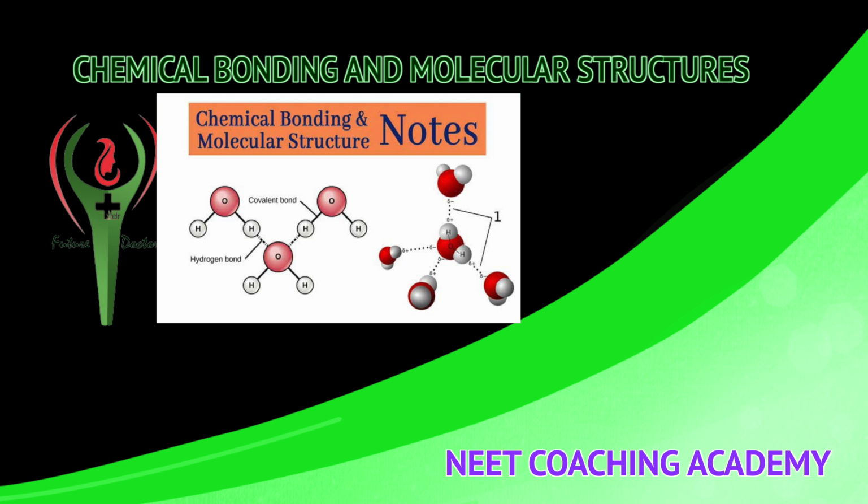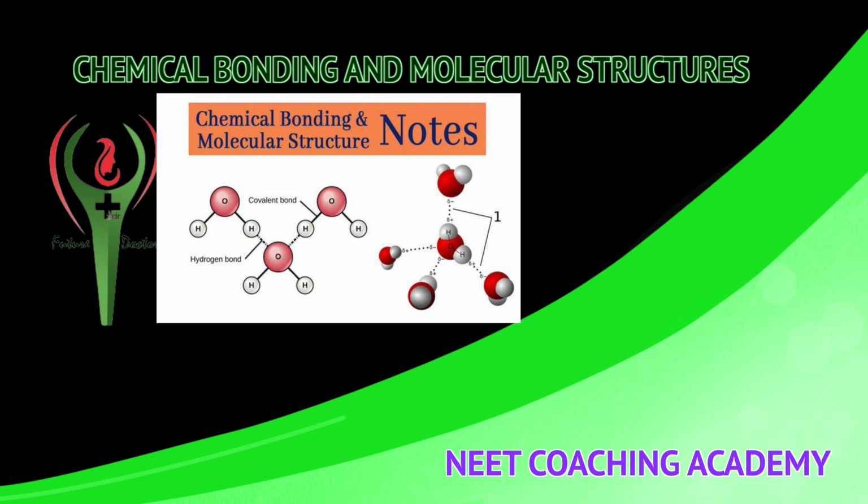Between 2 chlorine atoms, a covalent bond is formed by mutual sharing of electrons. So now both chlorine atoms get the argon configuration. Here no metals are involved in covalent bond formation.